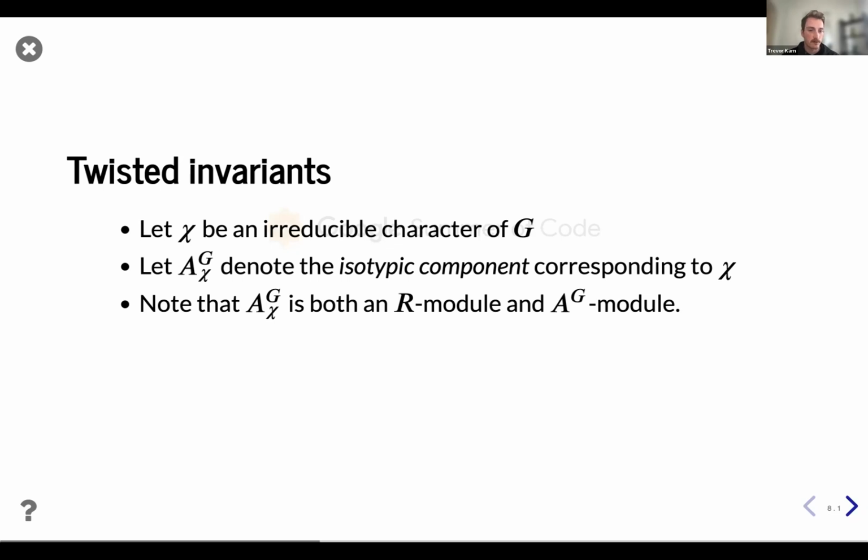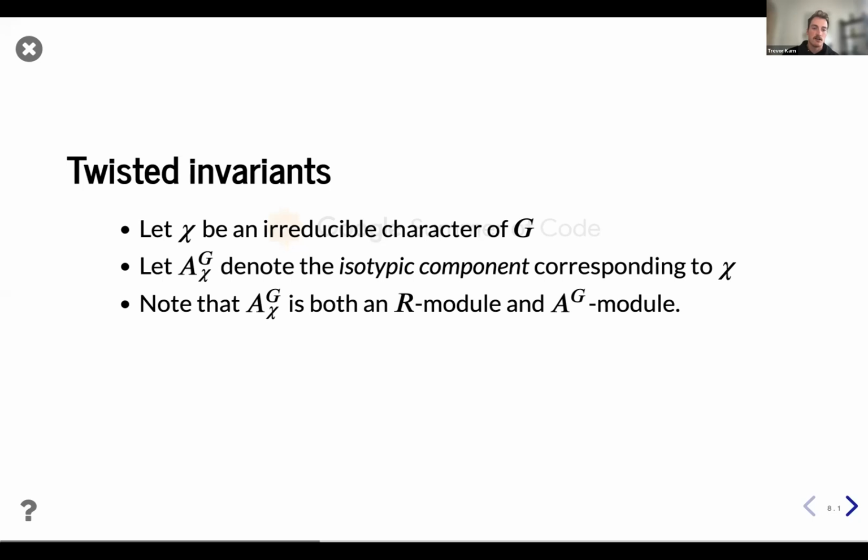Okay, and just like we had this isotypic component of the trivial representation, the biggest space that corresponded to the trivial representation, we can also have this isotypic component for any irreducible character. And we're going to denote that by A^G_chi. So this is the part of A that looks like chi, or maybe a direct sum of a bunch of copies of chi.